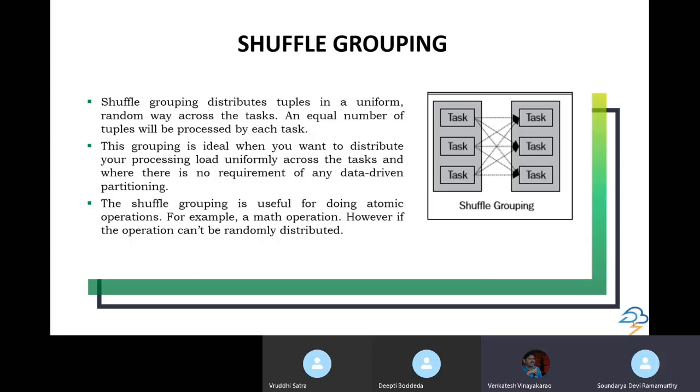Just a small remark over here. We were discussing how stream processing in Storm is different from Hadoop's MapReduce. Here is one clear difference that has been nicely mentioned.